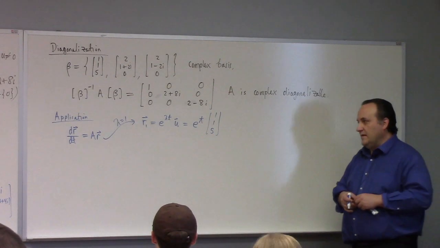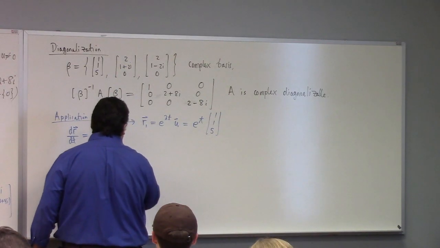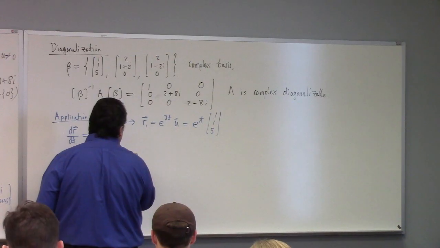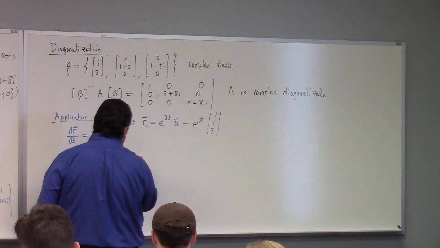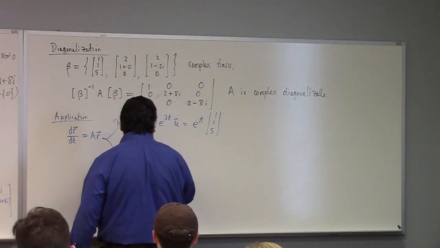All right. On the flip side, if I have my complex eigenvalue 2 plus 8i, I get, let's say, z, a complex vector solution.